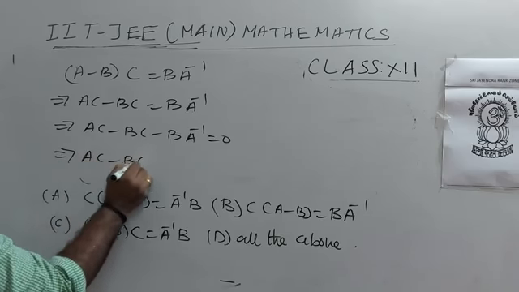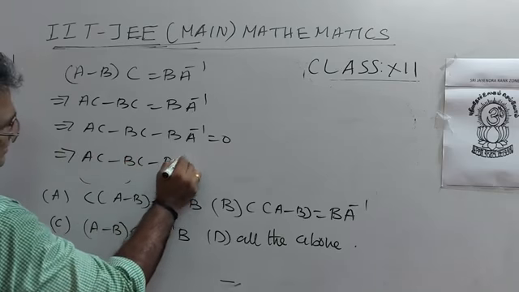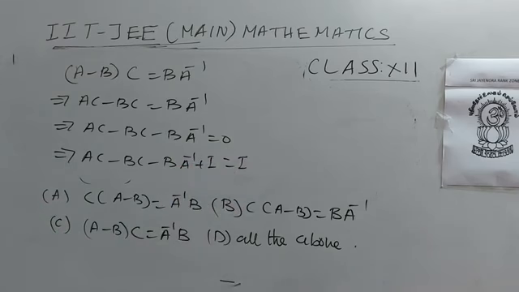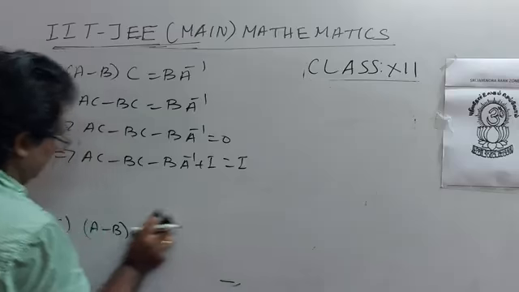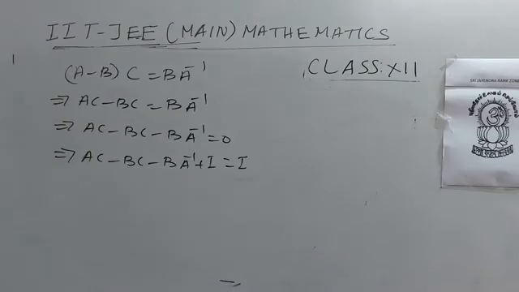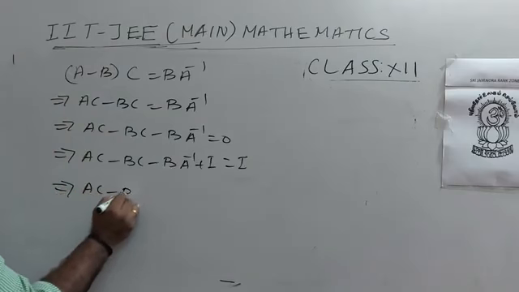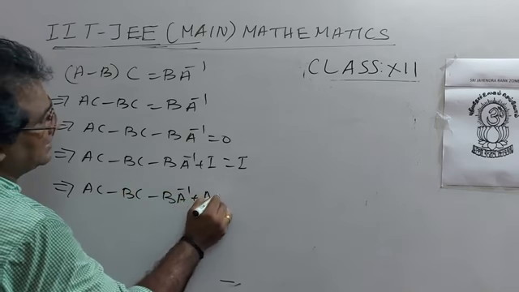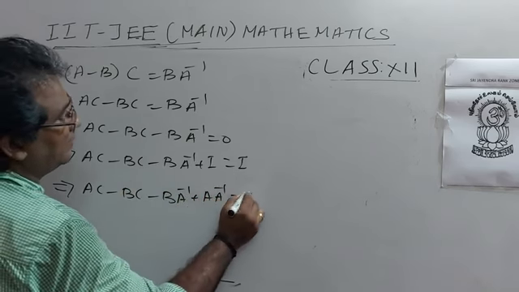Adding identity matrix on both sides: AC minus BC minus BA inverse plus I equal to I. In place of I on the left hand side, write AA inverse: AC minus BC minus BA inverse plus AA inverse equal to I.